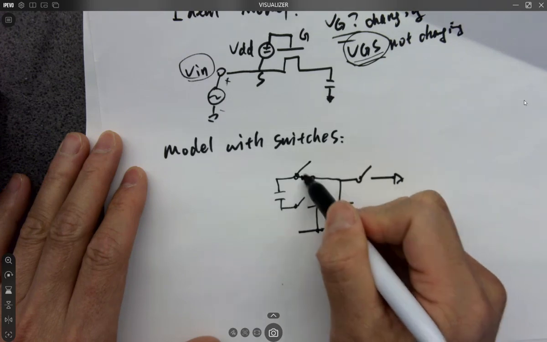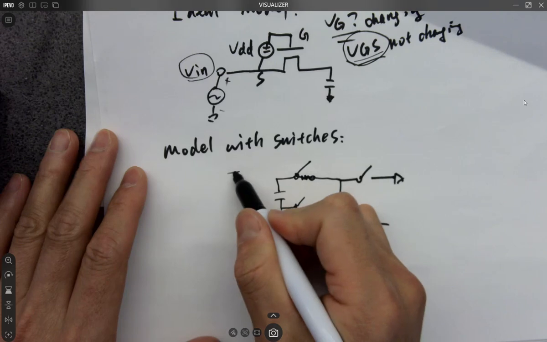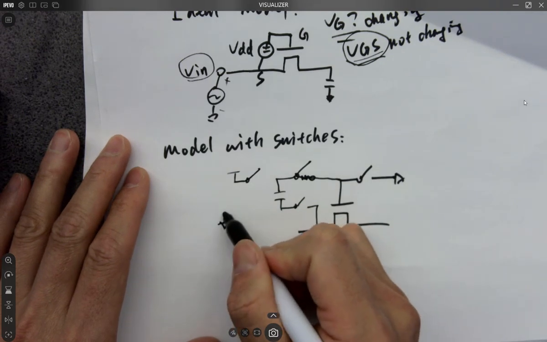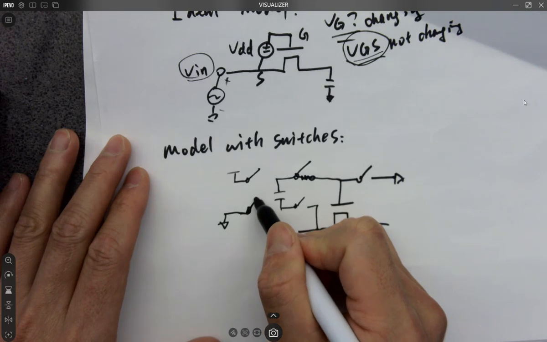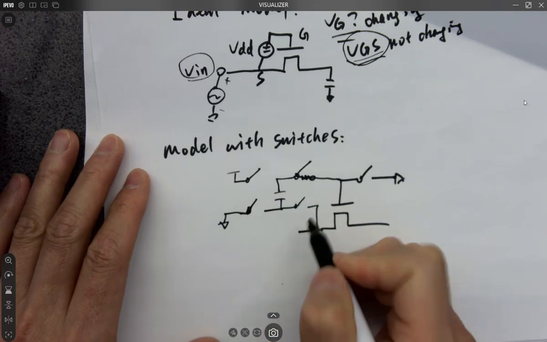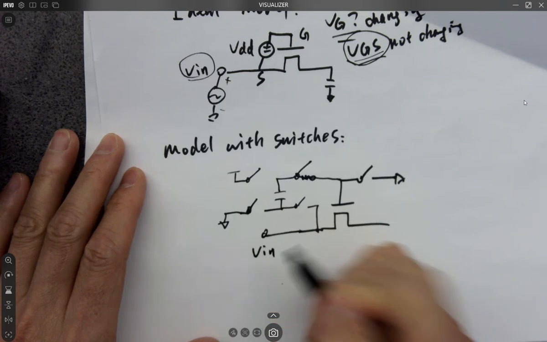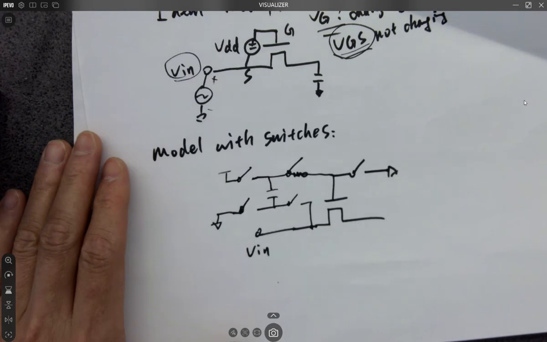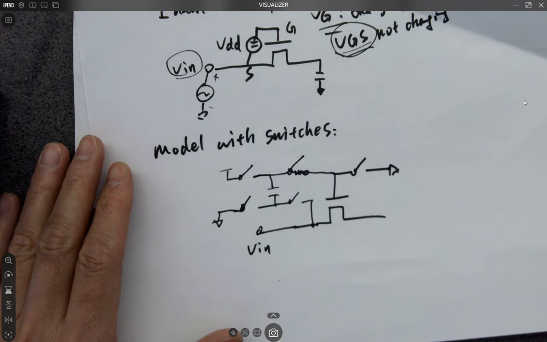Sorry, it's a switch. What about something like this?